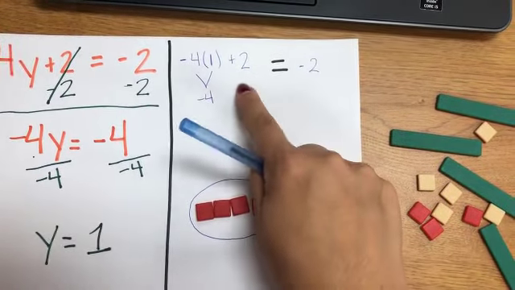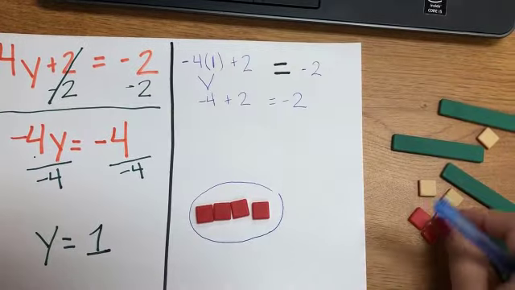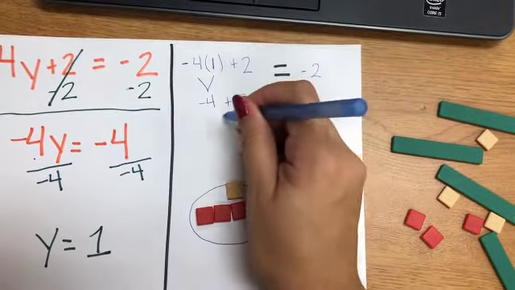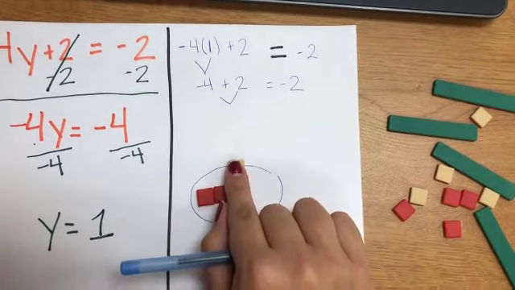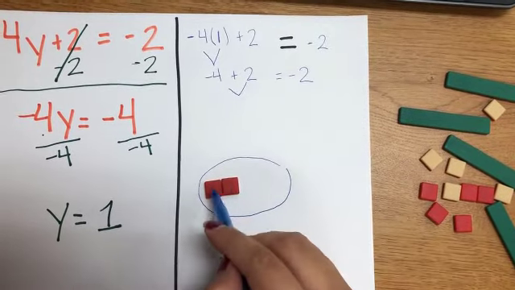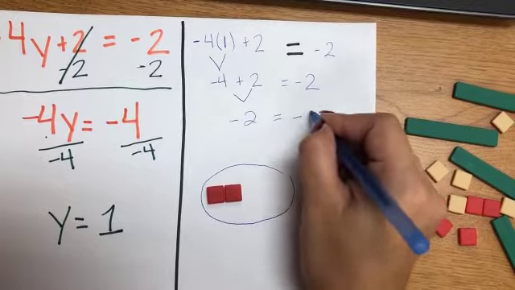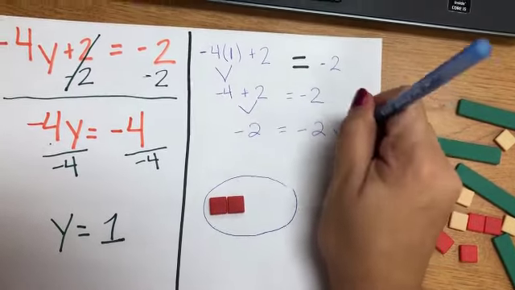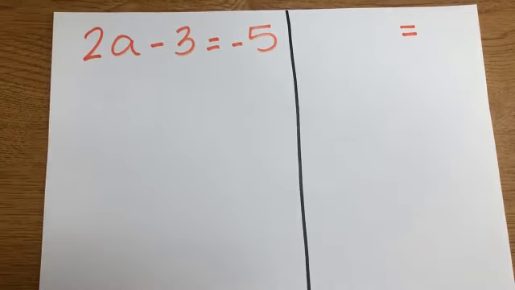And then if I add positive 2, let me go ahead and add positive 2. I know that I have a 0 pair right here and another 0 pair right here. So that leaves me with 2 that are negative. Is negative 2 equal to negative 2? It sure is, which means that this answer is correct.